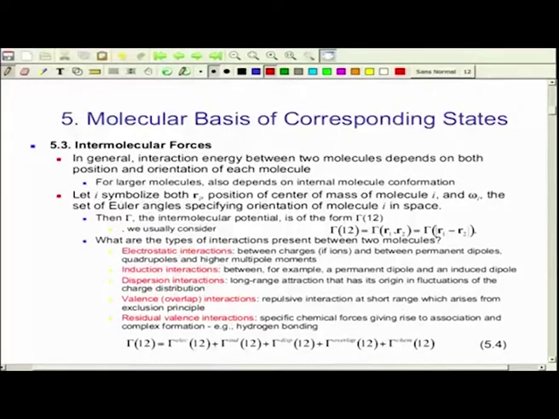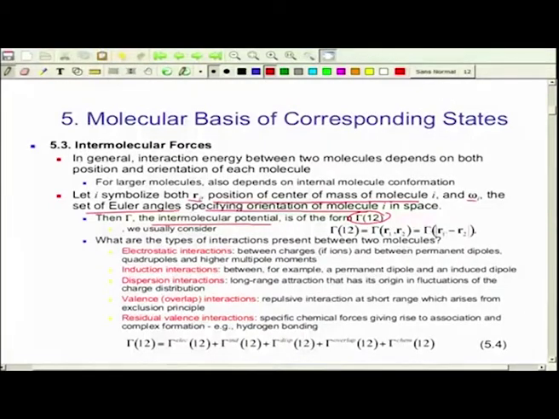So let me first define: let I symbolize both Ri, which is the position of the center of mass of the molecule, and Wi, the set of Euler angles specifying the orientation of molecule i in space. In that case we define the intermolecular potential between particles 1 and 2 as gamma 1,2, which is nothing but gamma of R1 comma R2, and that will depend on the difference between these two positions in space.